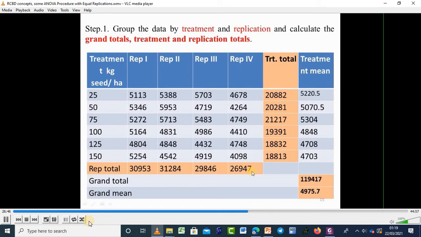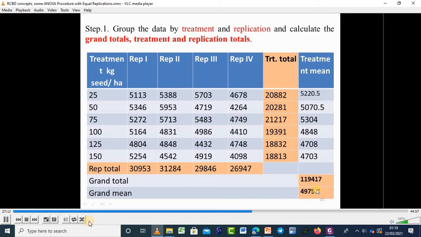You can sum up these values or these values, and finally you get the grand total here, and also the grand mean is here. To find the grand total, we just sum up all observations, or sum up these values, or sum up these values independently, and we will have similar values.